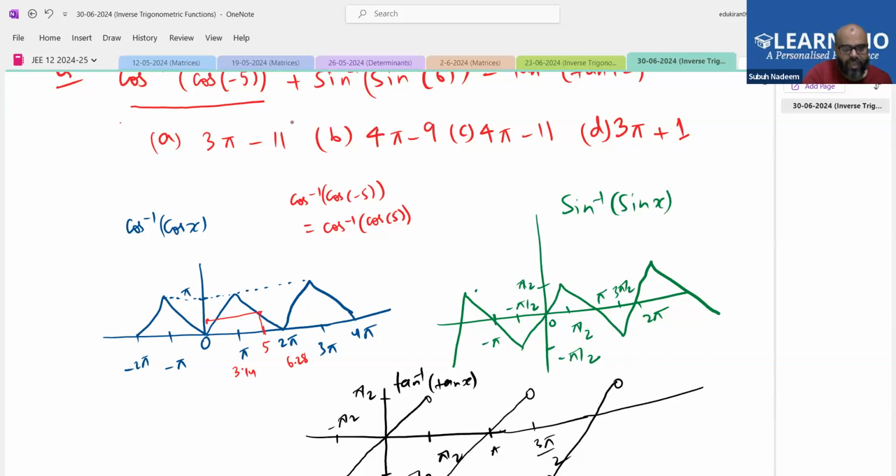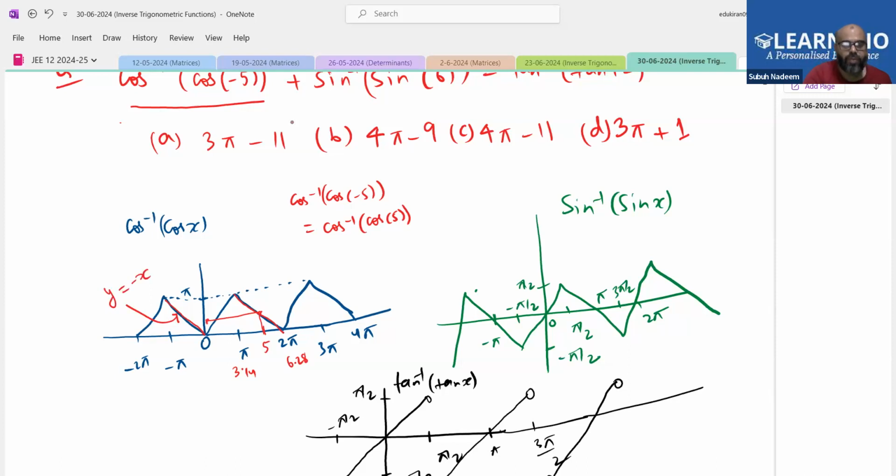This line which is here is getting translated by 2 pi units to the right. And if you see, this line is y is equal to minus x.